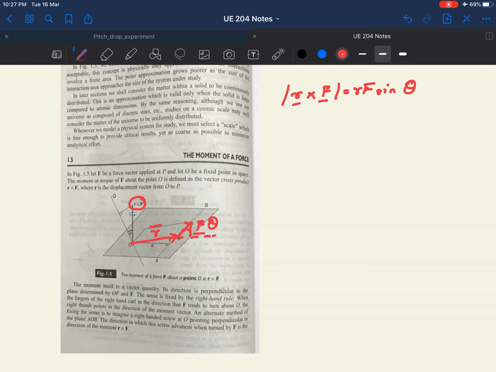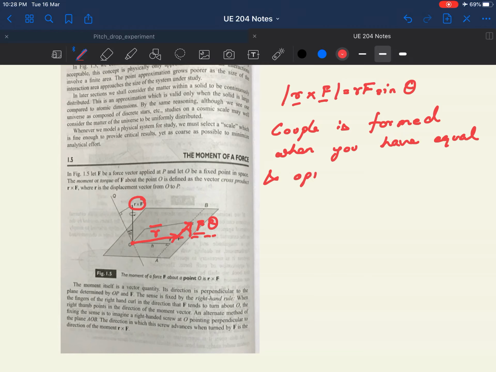So this is how moment is measured, and a couple is a special type of moment situation where you have equal and opposite forces acting parallel to each other.